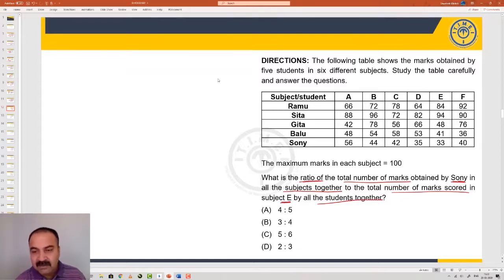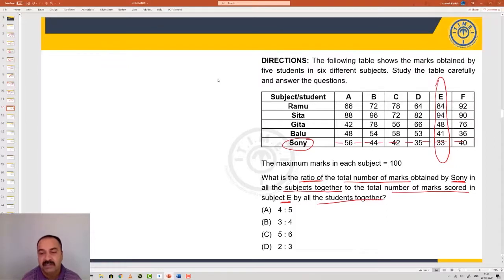So, marks scored by Sony in all subjects put together and ratio of total number of marks scored in subject E by all students put together. So we need to do one total horizontally, we need to do one total vertically. Total of Sony's addition in all 6 subjects and total of subject E by all 5 students.